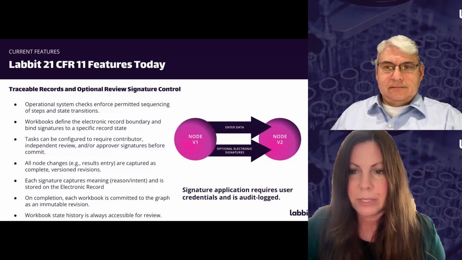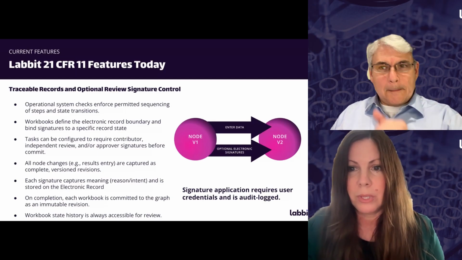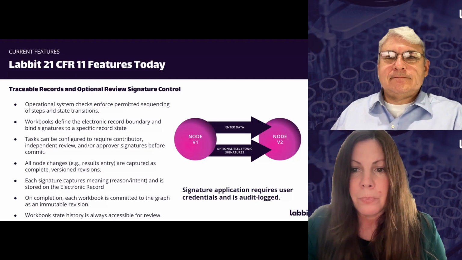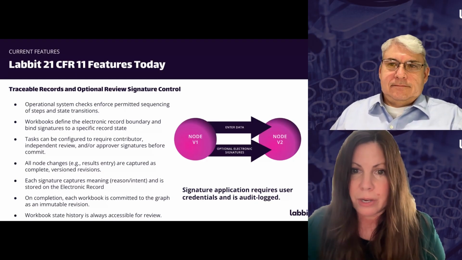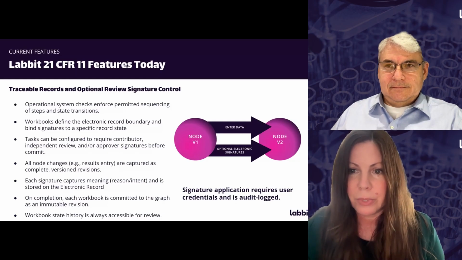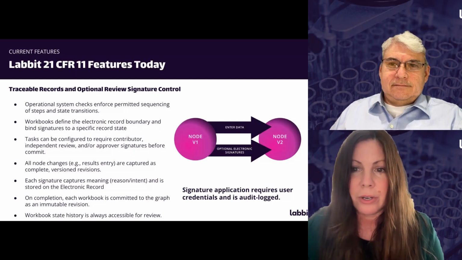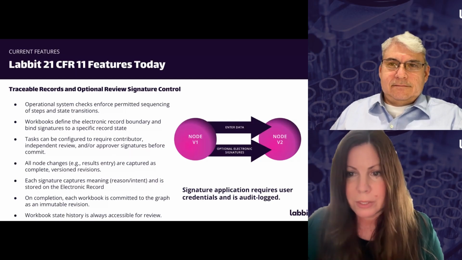As work happens, all node changes, such as entering results, are captured as complete versioned revisions, as Brian talked a lot about with the database. When someone signs the record, each signature captures the reason and the intent, and it's stored as part of that electronic record, right alongside the revision to which it applies. So when you go back and review that record later, there's no need to infer why someone signed it.